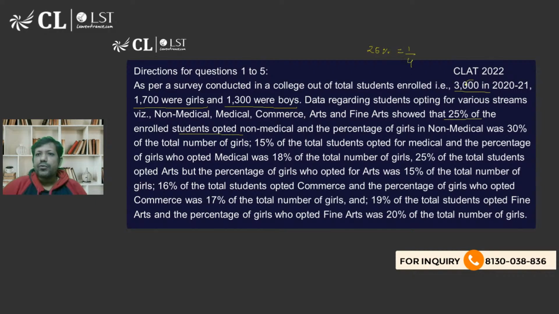Right, opted for non-medical, and the percentage of girls in non-medical was 30% of the total number of girls. What is the total number of girls? That is 1,700. So 10% is 170, so 30% is going to be 170 into 3, or I can say 510. So I'm going to solve accordingly.